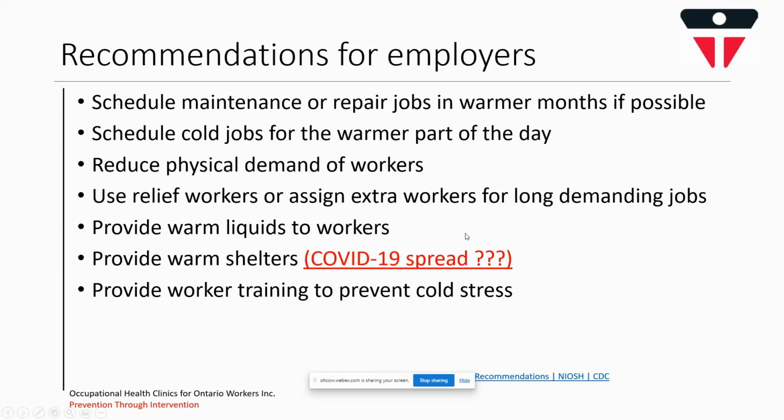So keeping that in mind, one should stagger the breaks and try to avoid overcrowding as much as possible, and also maybe enforce the use of masks, because it would be an indoor environment. And if the 6 feet distance is not possible, then maybe improving respiratory protection may reduce the risk. But this should be kept in mind when designing warm shelters.